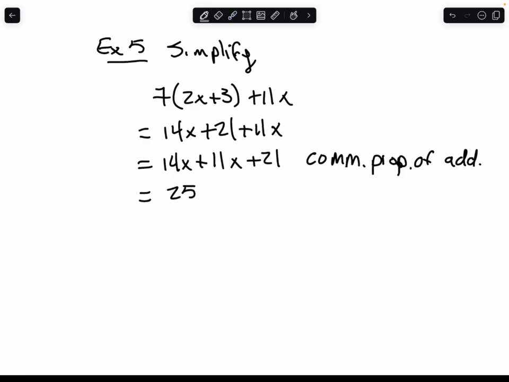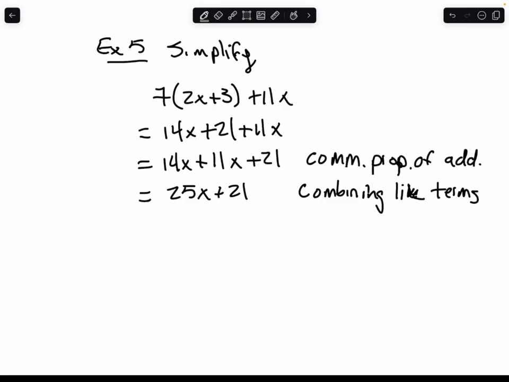We retain the original variable factor, which is just x, plus 21. The constant stays the same, and that is justified by combining like terms. Okay, and that is our simplified result.